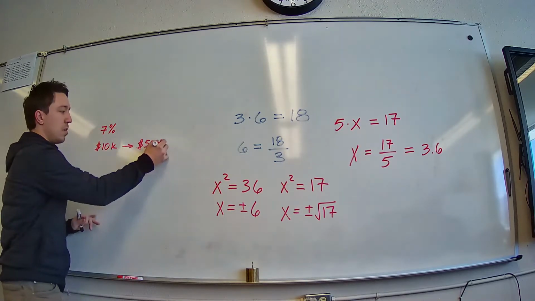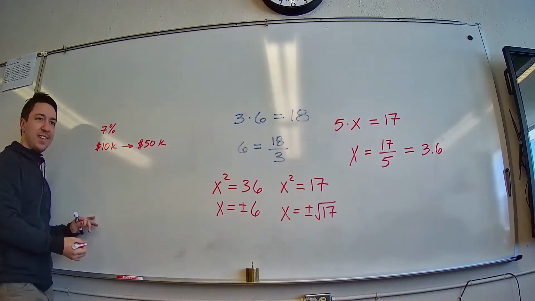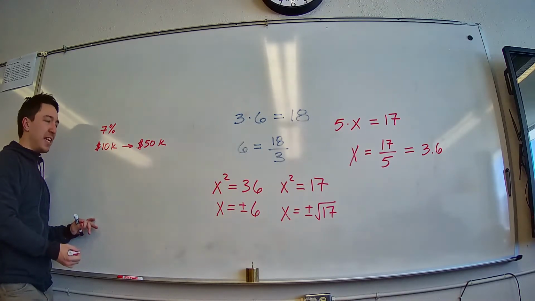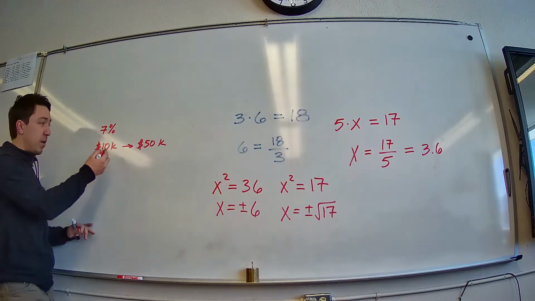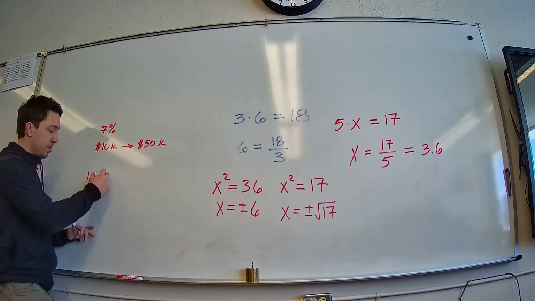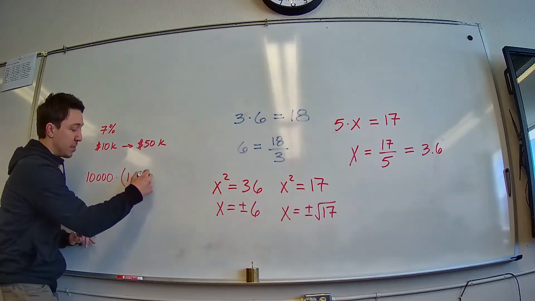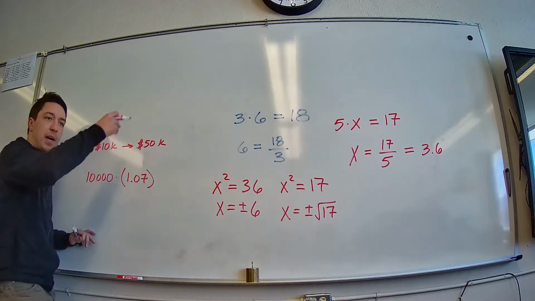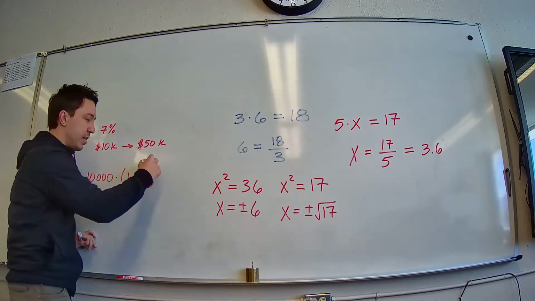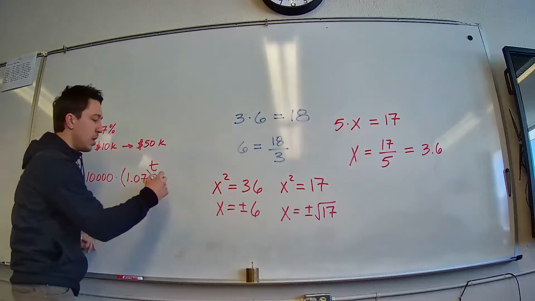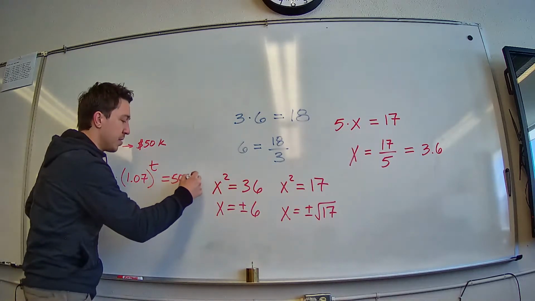Like 14 years? No, wait, never mind. I think it's more than 14, but not doubling. Well, what you do is you take your 10,000 and you multiply it by 1 plus 7%, and you'd be multiplying that every single year for t years until you eventually hit 50,000.